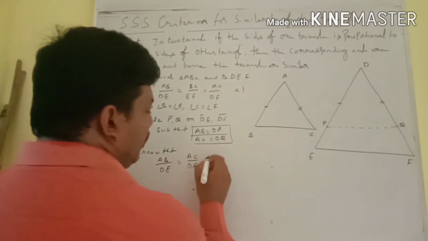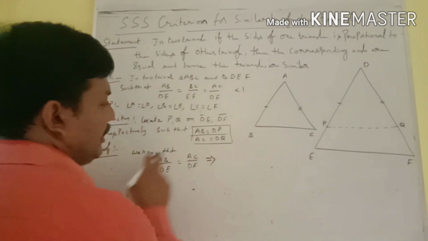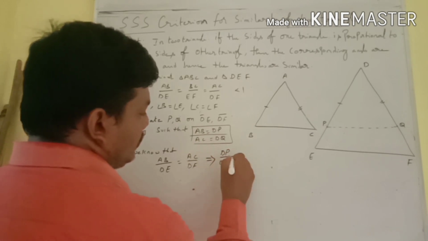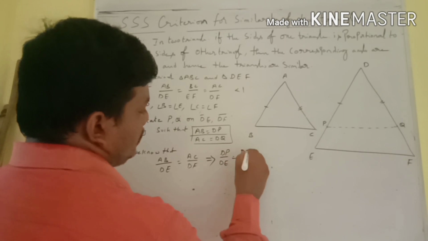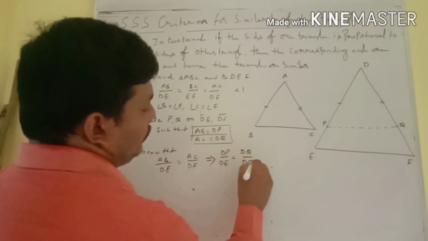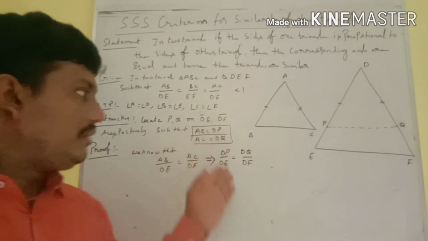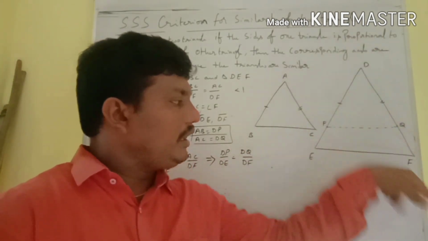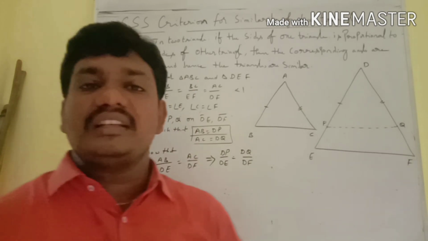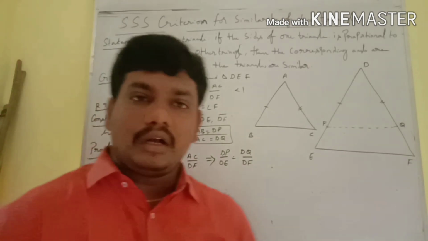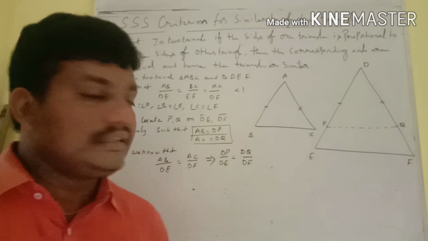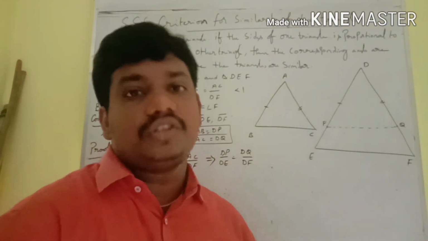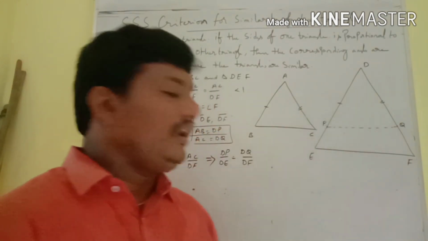As we know already, AB is equal to DP. That is, DP by DE is equal to, since AC is equal to DQ, DQ by DF. From the converse of the basic proportionality theorem, if a line divides two sides of a triangle in the same ratio, then that line is parallel to the third side.